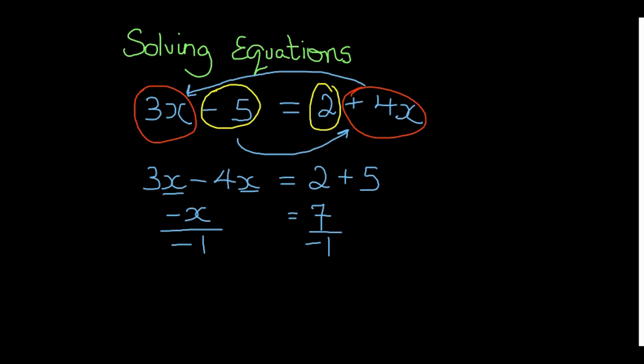What does this work out to be? We can't leave it just so. Negative 1? Where are we gonna get negative 1?